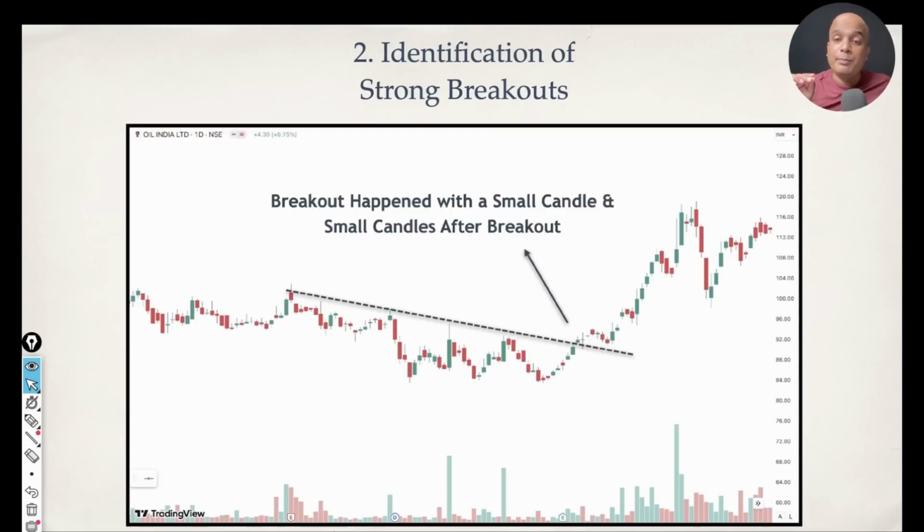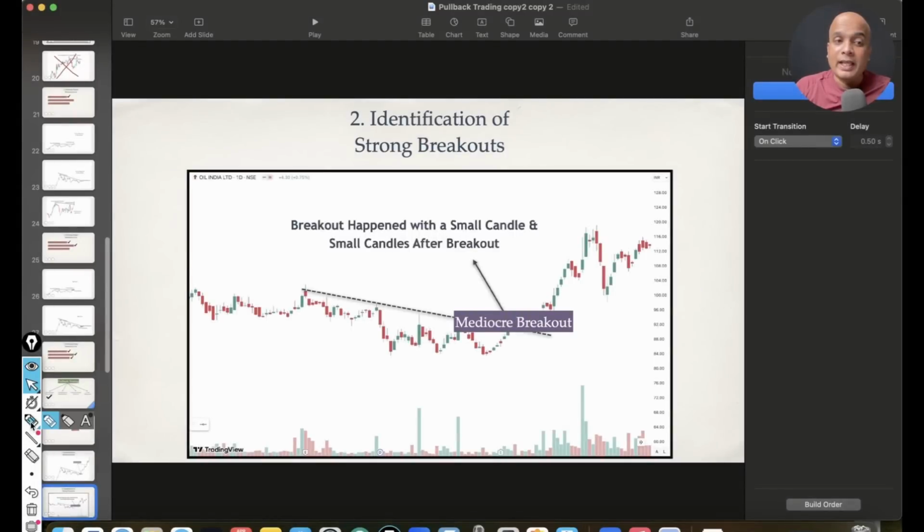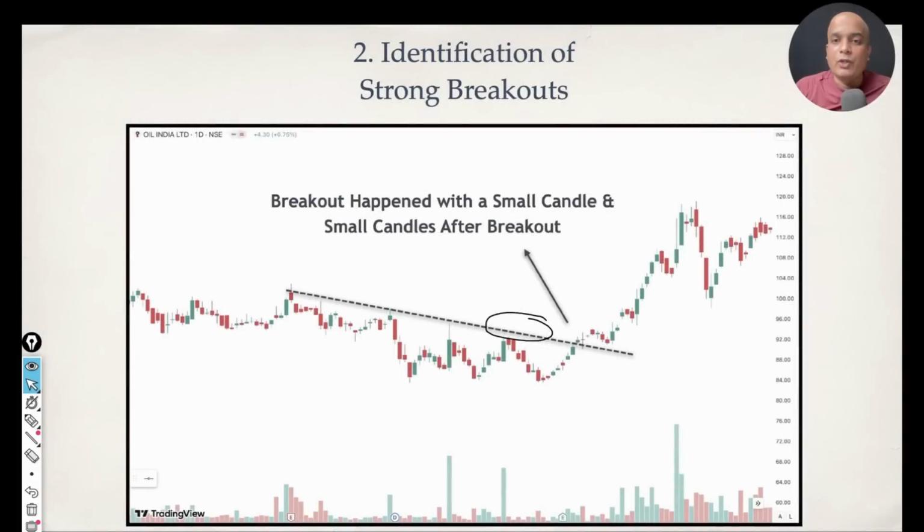But if you observe the price action very, very carefully near this, after the breakout of resistance, it broke with small candles, right? What a small candle indicates is lack of buying power.